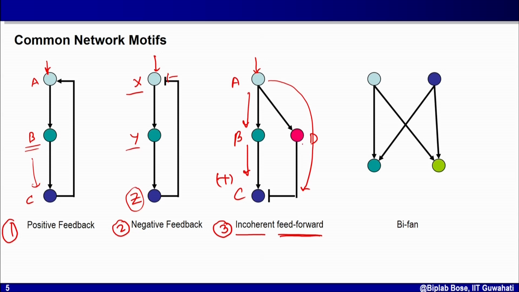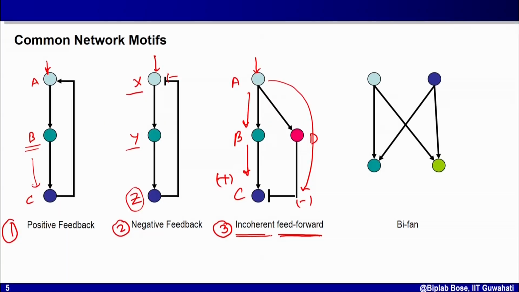Whereas A to D and then eventually C, this path is a negative path. It is telling that no, don't get activated. So C is controlled by two paths originating from A. One is telling it to get activated, the other one is telling it to get deactivated. So it is incoherent. That's why it is called incoherent feed-forward.